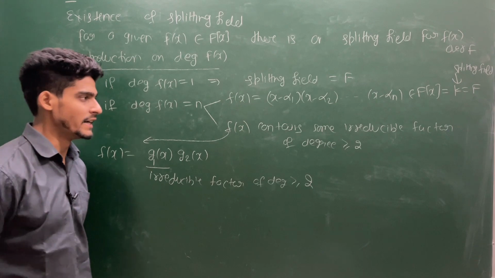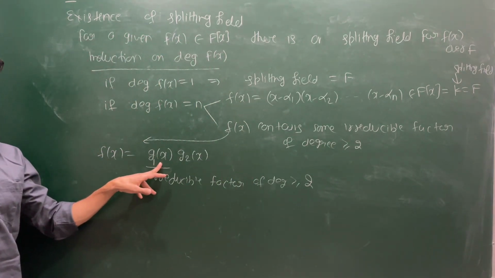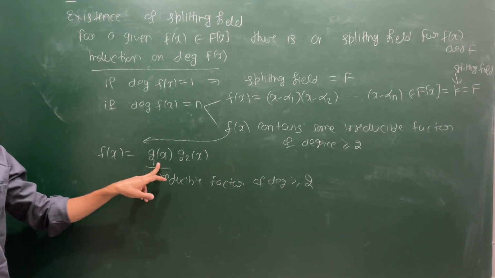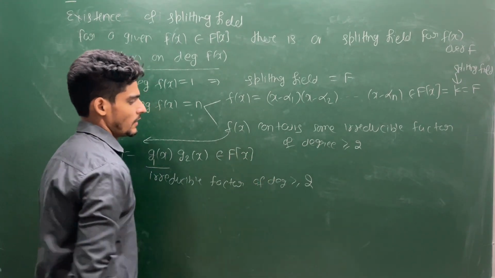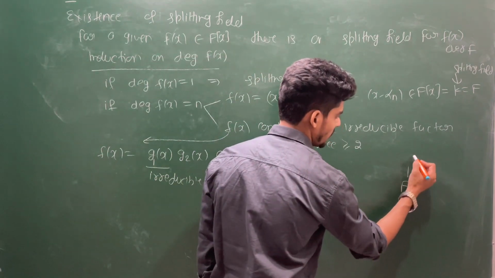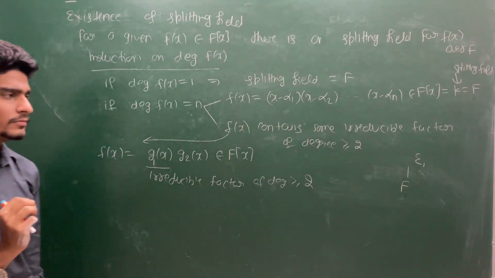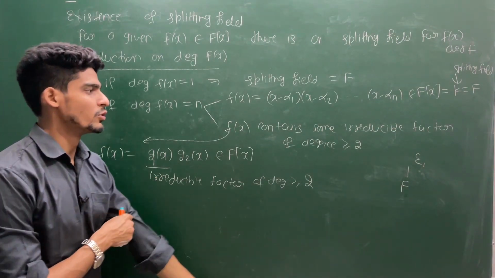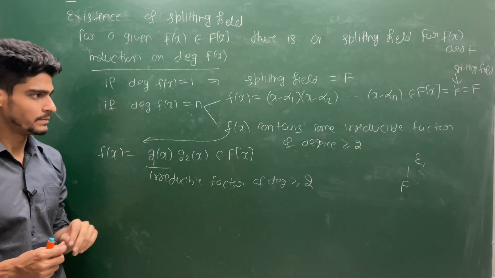But we have already studied one thing: g1 is defined over F, so this factorization is inside F, and we have already studied that there is an extension, say E1 of F, which contains a root of g1. We do not know which root it will contain, but we know that this E1 must contain some root of g1.